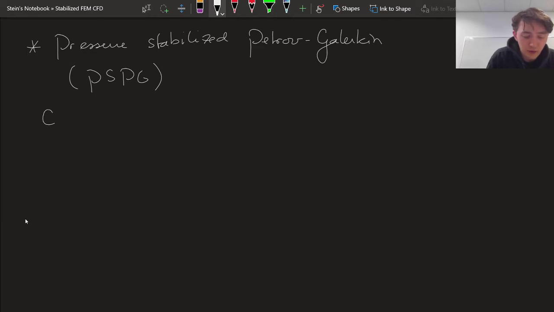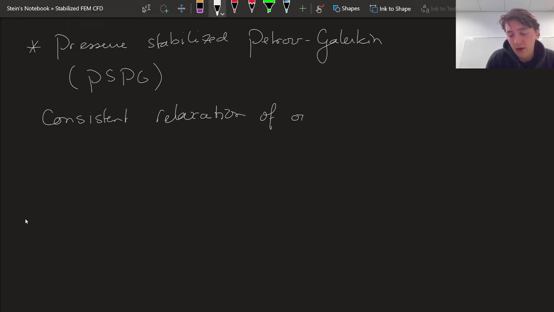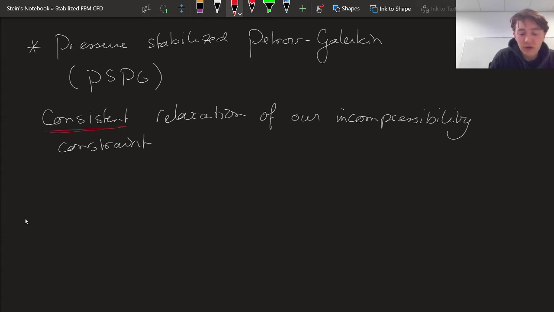So we're going to do a consistent relaxation of our incompressibility constraint. And the consistency is very important there. And again, that has to do with the residual-based nature of this stabilized method.